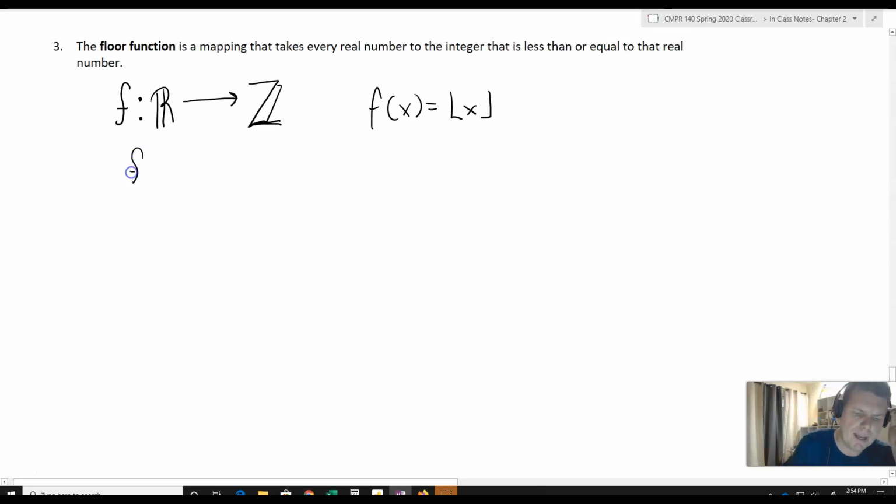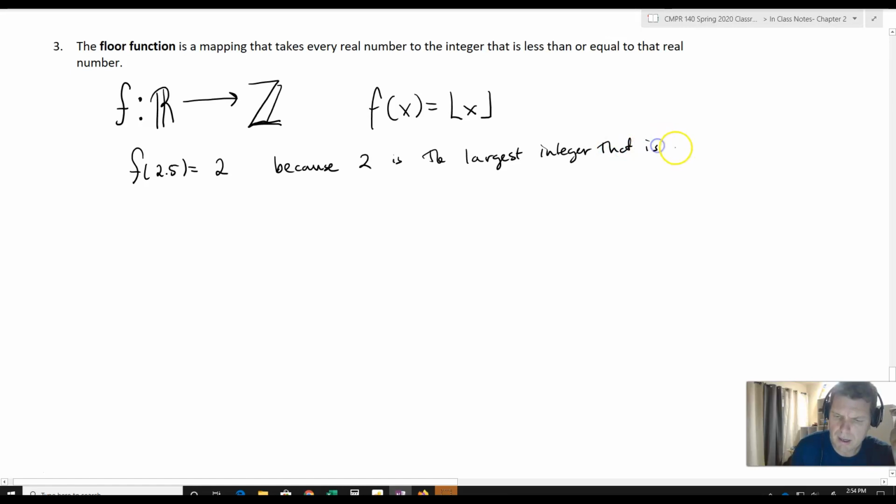So for example, f of 2.5 is going to equal 2, because 2 is the largest integer that is less than or equal to 2.5. F of 3.4 will thus equal 3.